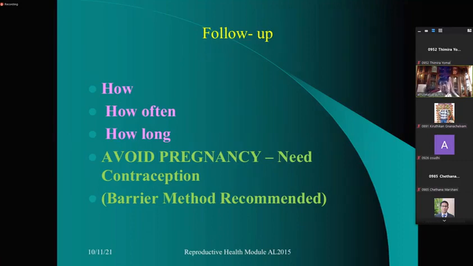Once you empty the uterus, if your beta HCG levels become normal within maybe 2 months and everything is completely cleared, then you might just follow them up for another 4 to 5 months and release them.